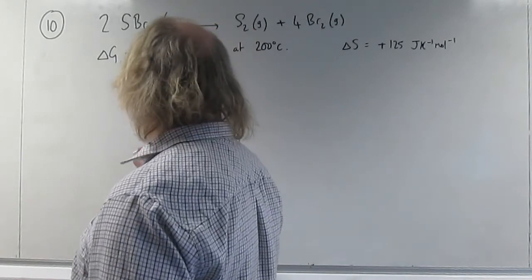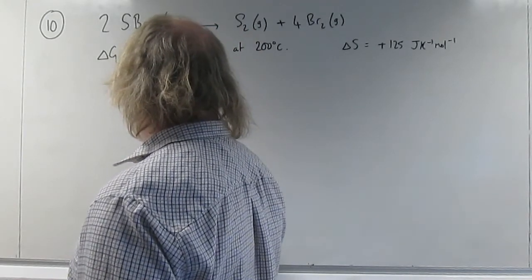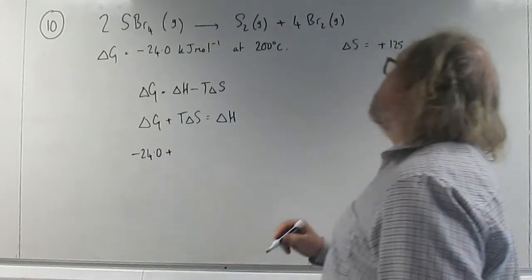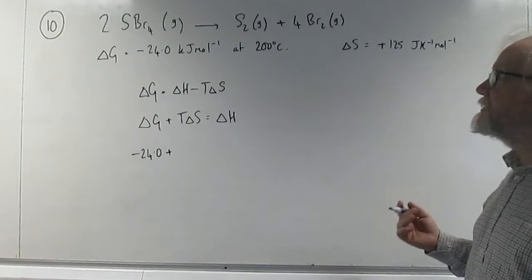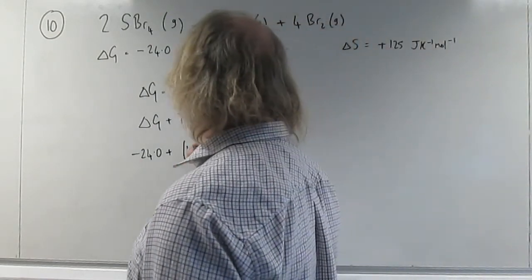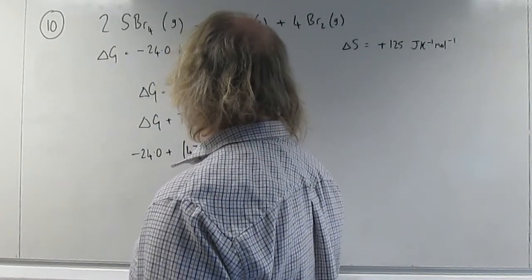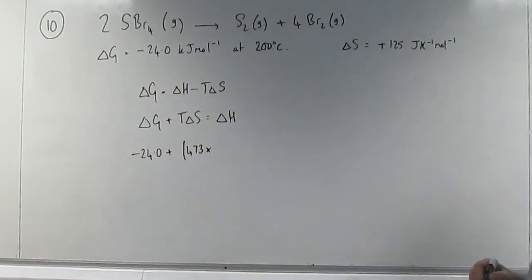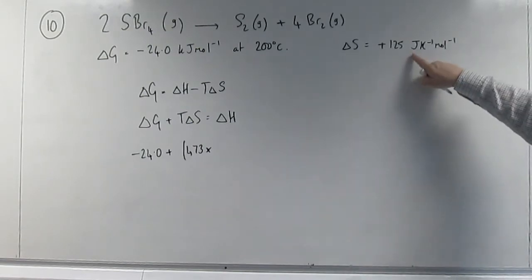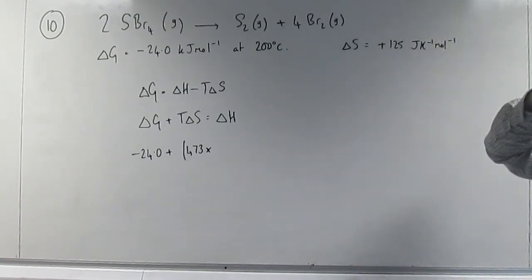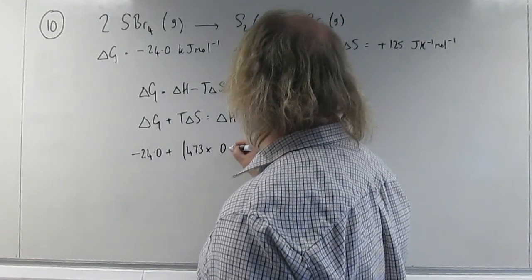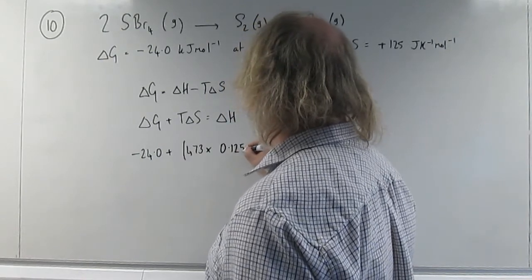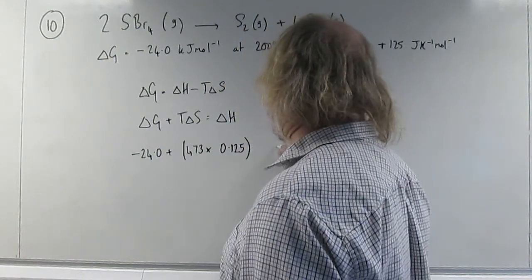So delta G is minus 24.0 plus T, 200 degrees C, but we've got to add 273 onto that to get Kelvin, so plus 473 times delta S, and delta S is plus 125 joules per Kelvin per mole, but that's got to be in kilojoules, so the units are compatible, so we divide by 1000, so times 0.125 kilojoules per Kelvin per mole.